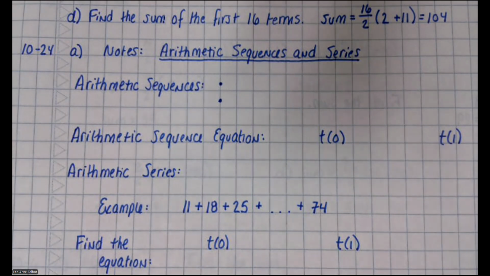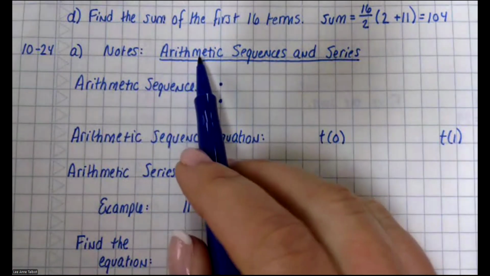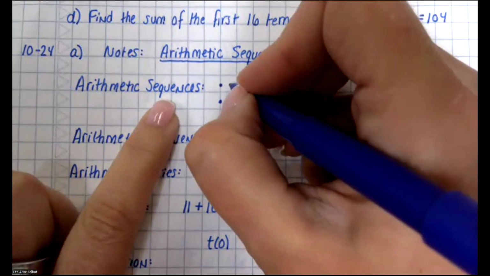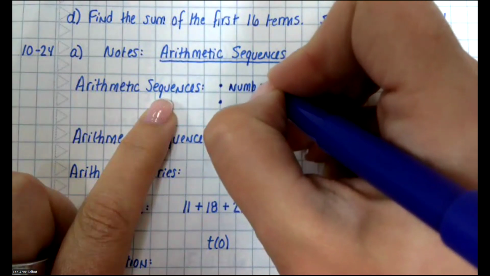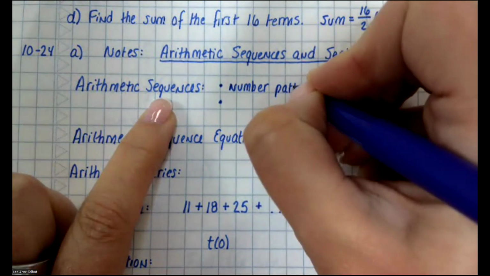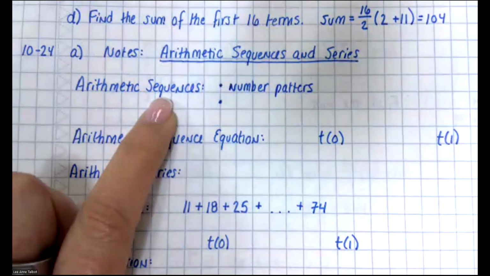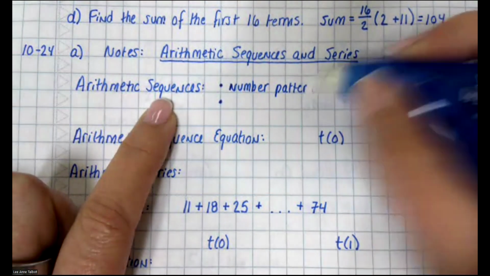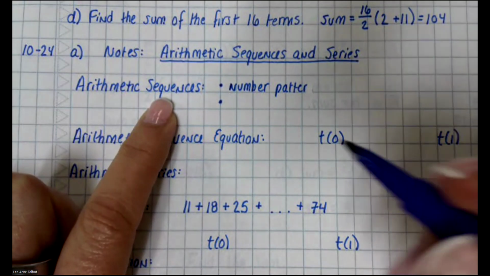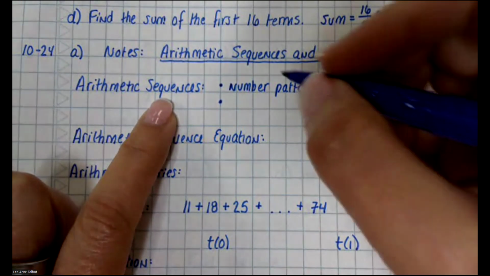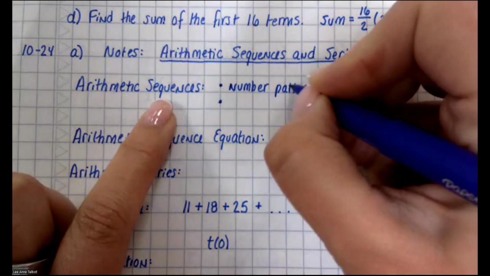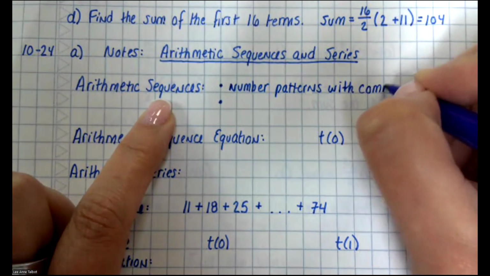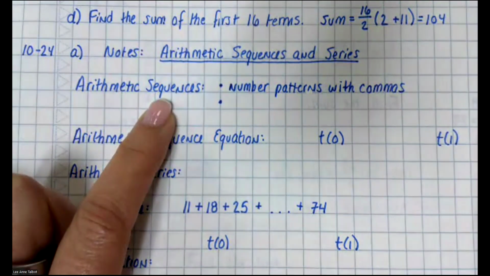Okay, all right. Notes, arithmetic sequences and series. Arithmetic sequences are patterns? That's not a word. Maybe it is. It is, actually. Isn't it like when someone walks really softly? Number patterns with commas.